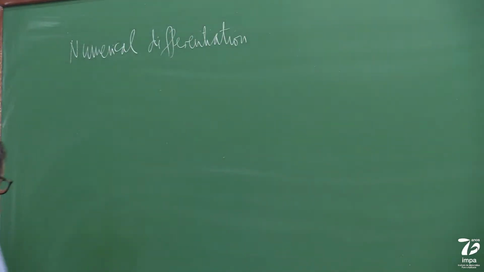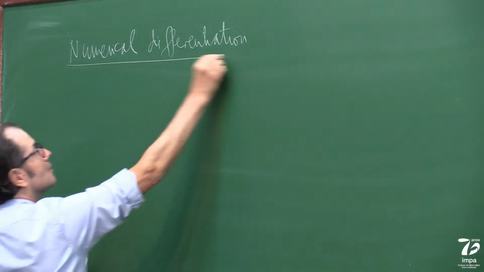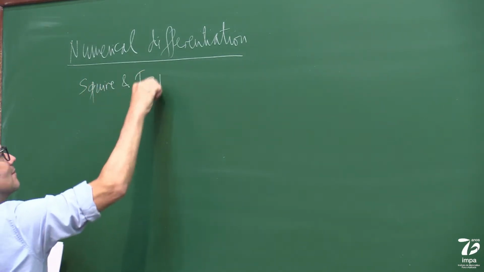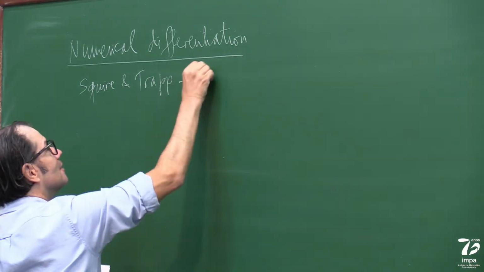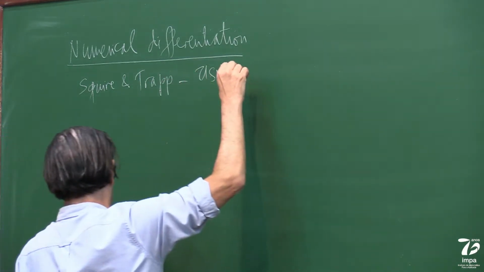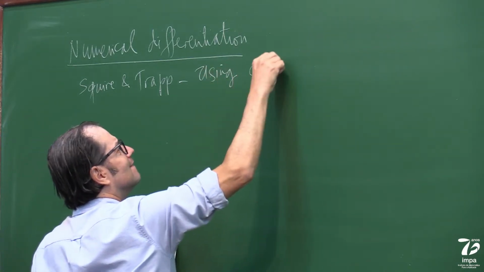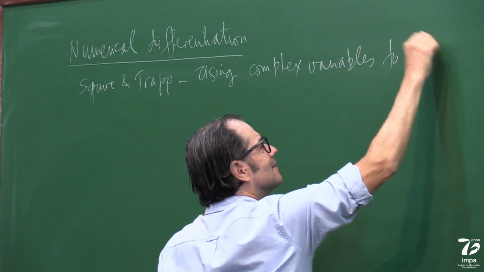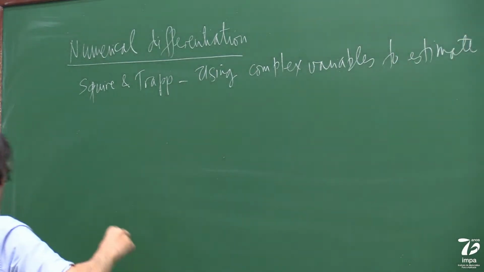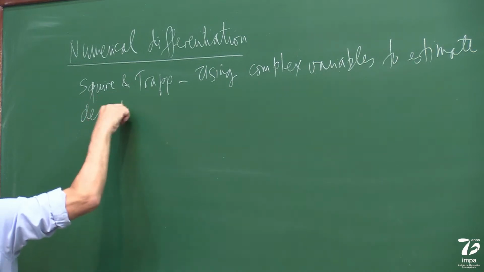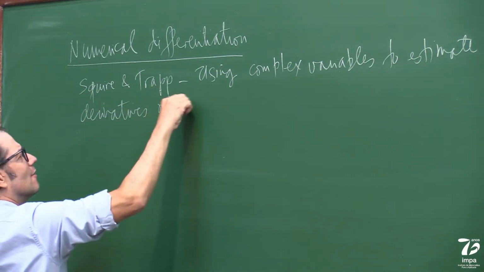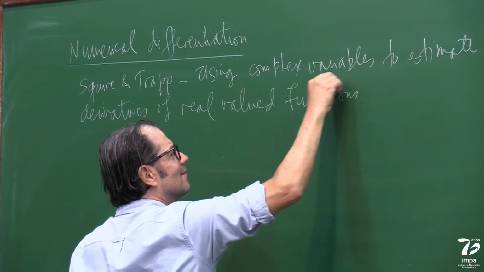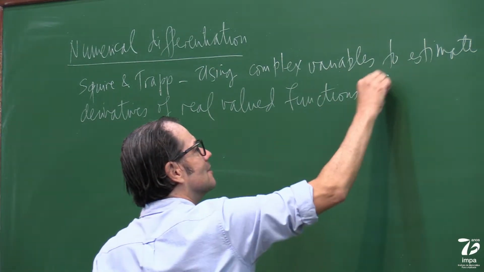We'll talk about numerical differentiation, and I'm going to talk about a paper by Squire and Trapp, titled Using Complex Variables to Estimate Derivatives of Real Valued Functions.